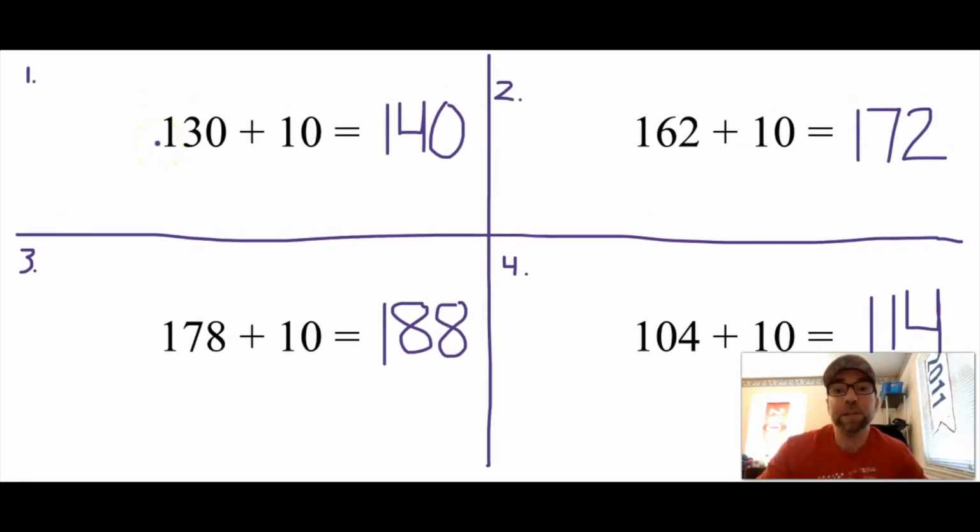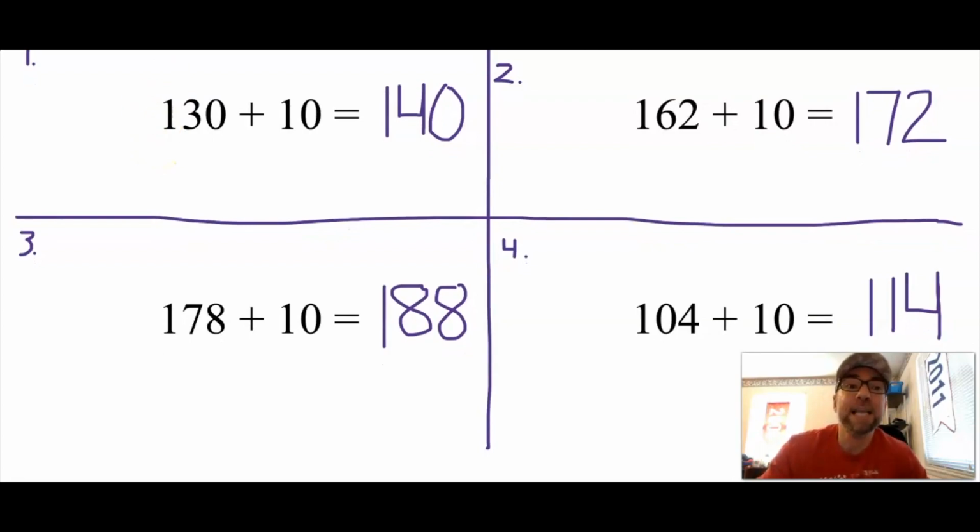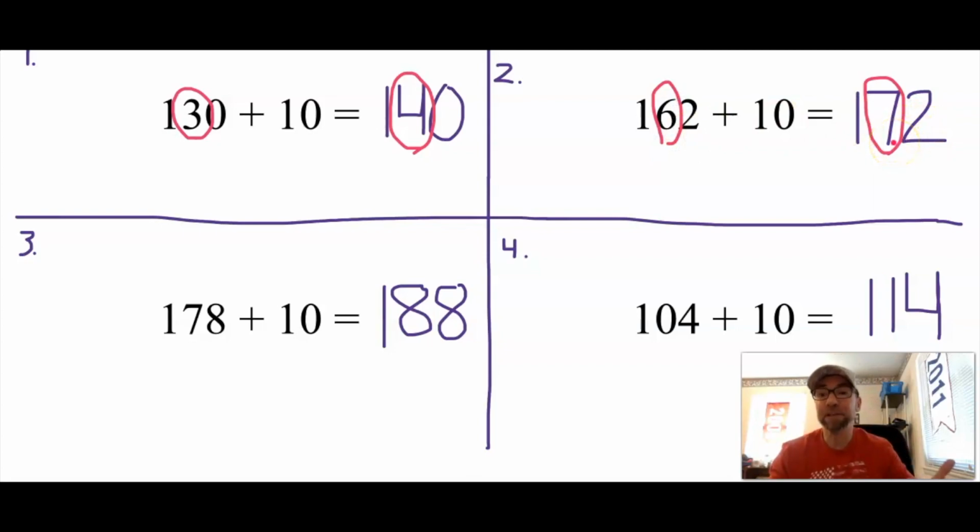All right, hopefully you finished the 4 problems. Let's see how you did. 130 plus 10 is 140. Notice the tens digit went from a 3 to a 4. 162 plus 10, 172. Notice that the 6, which was 60, moved to the 7, which became the 70.